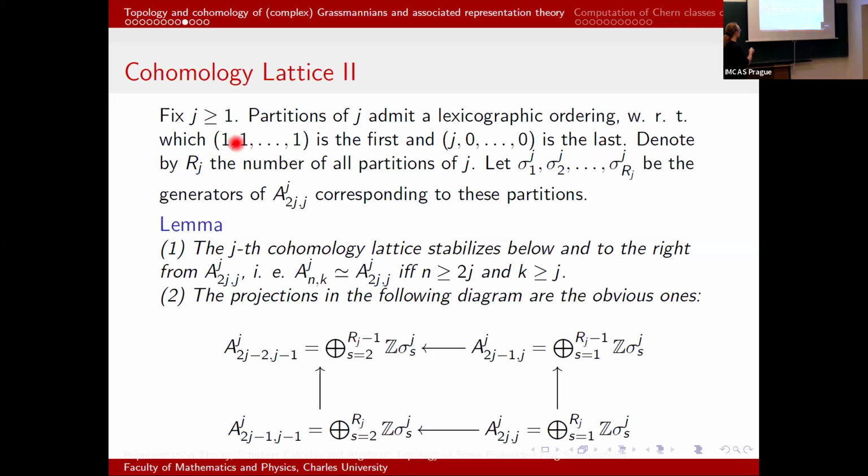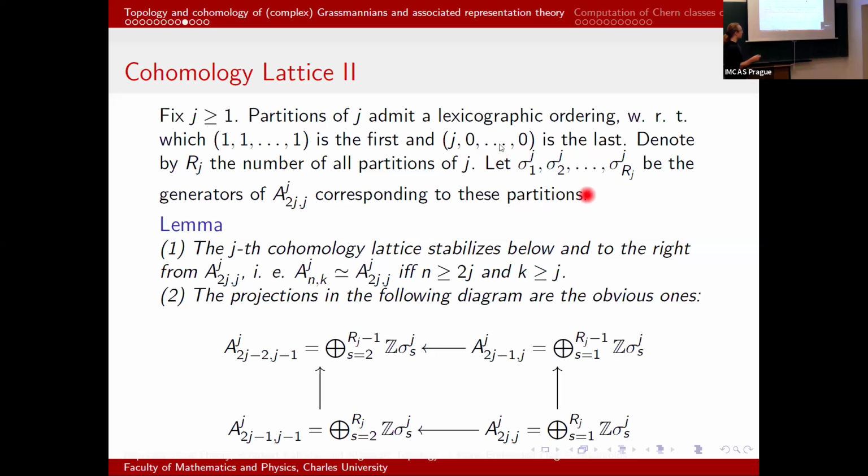The column of length J is the first with respect to this ordering, and the row of length J is the last. We denote by Rj the number of all partitions of J. The number Rj is not really important, but it's just convenient to order the partitions like this.